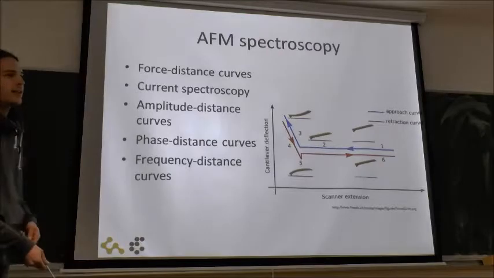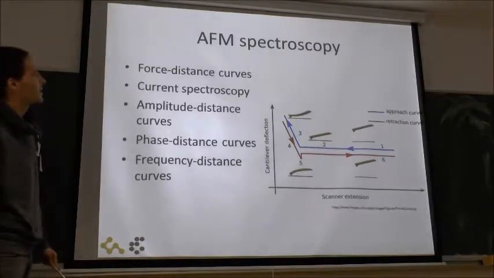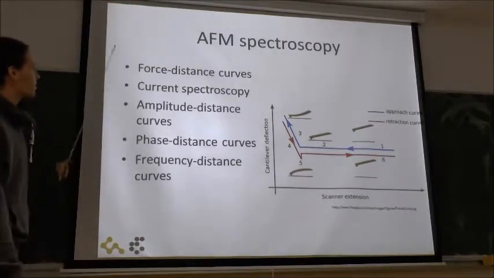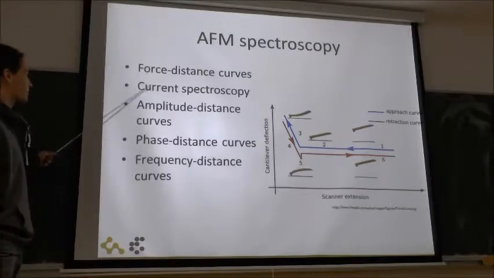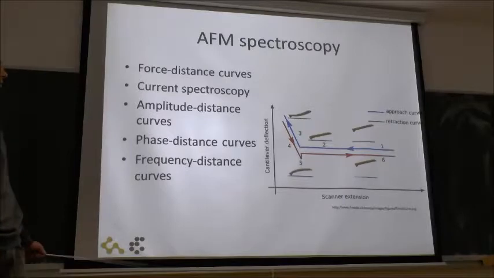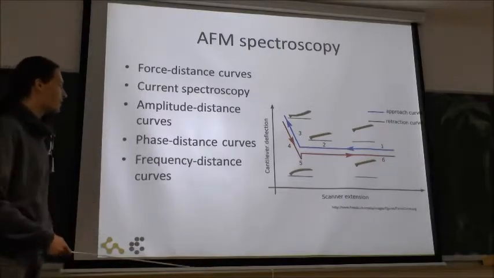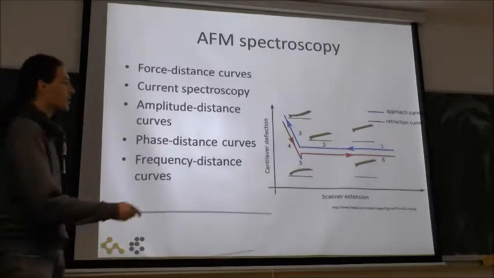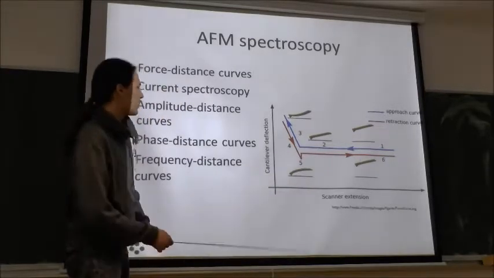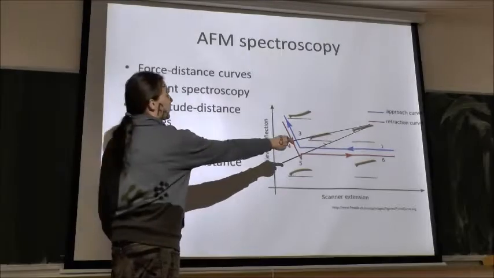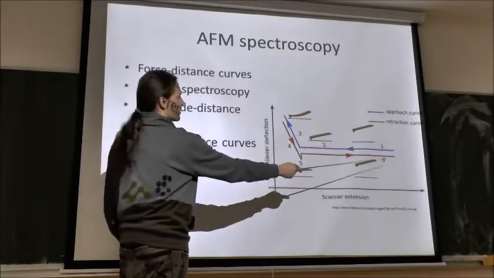What else can we do with the AFM? One thing is the AFM spectroscopy, where we measure different quantities like force, current, amplitude, phase, or frequency changes as a function of distance. So here is the plot, how it looks. We have the cantilever and tip far away from the sample.